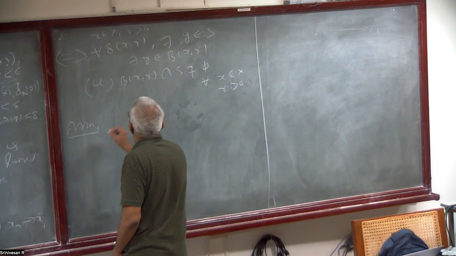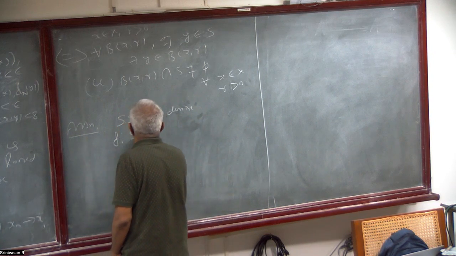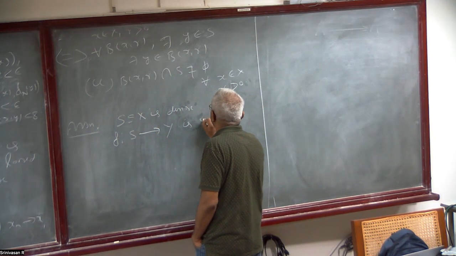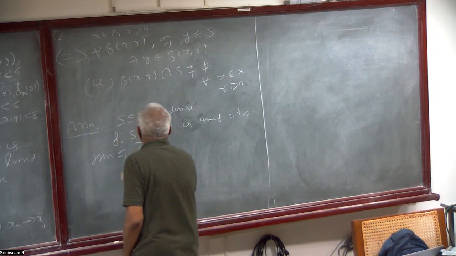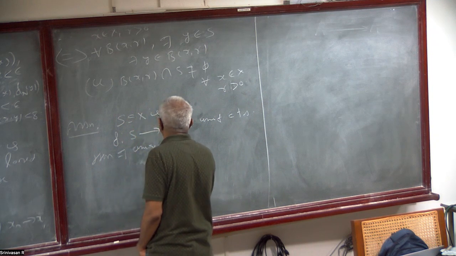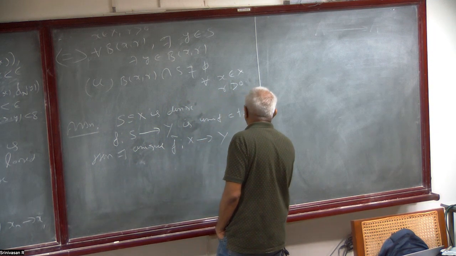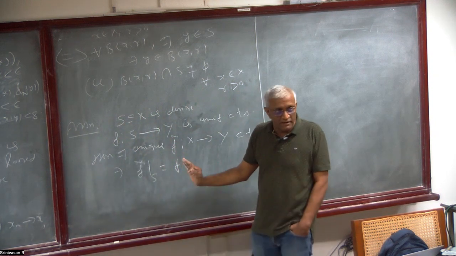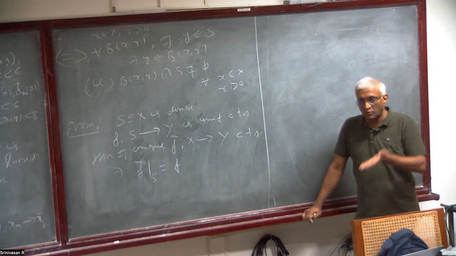So if S contained in X is dense, and f from S to Y, where X and Y are metric spaces, is uniformly continuous, then there exists a unique f tilde from X to Y, continuous again, such that f tilde restricted to S is f. You have to prove the uniqueness also. The problem is clear: any uniformly continuous function can be extended from a dense set to its closure.